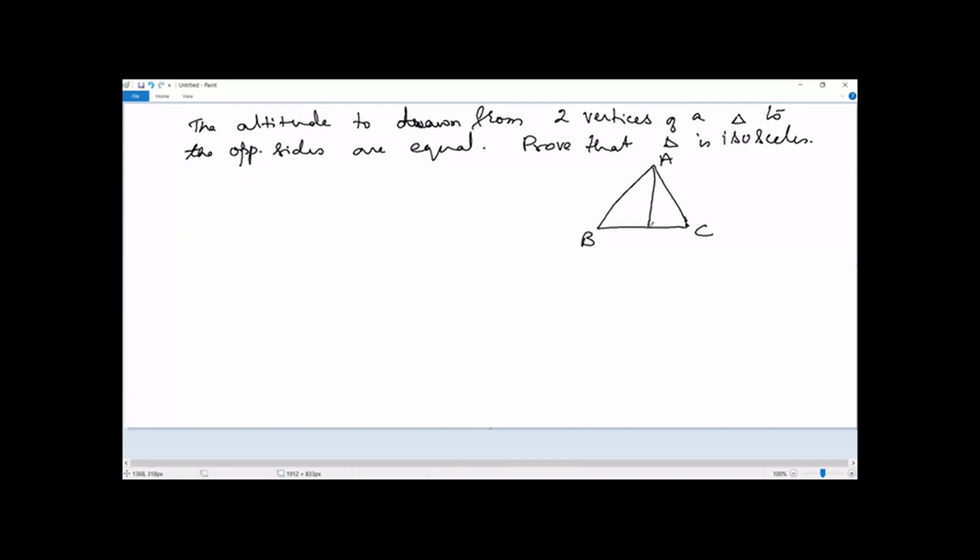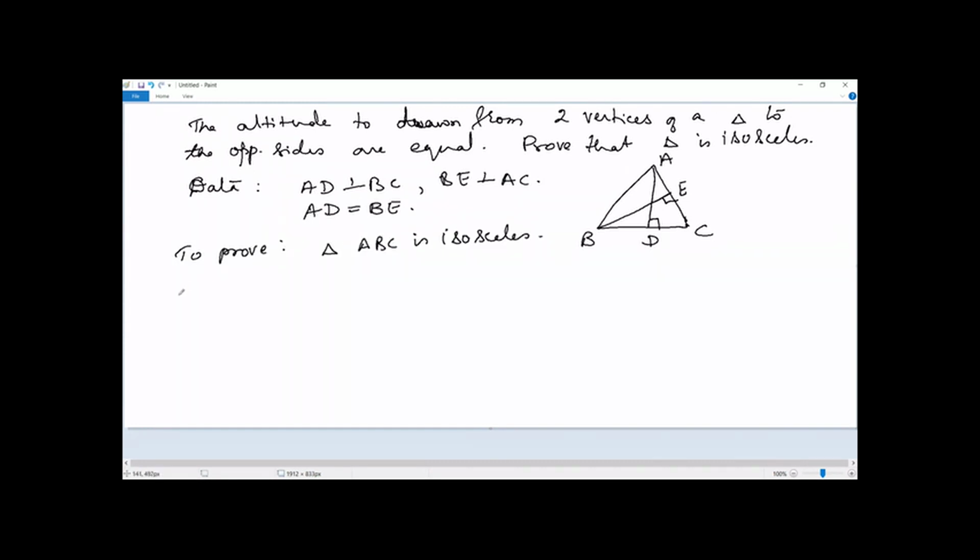From A, AD is altitude, BE is altitude. Given: AD is perpendicular to BC, BE is perpendicular to AC, AD equal to BE. To prove ABC is isosceles. How do you prove?